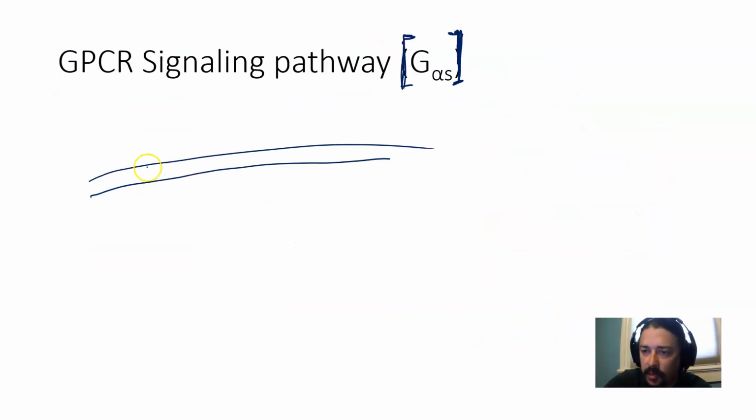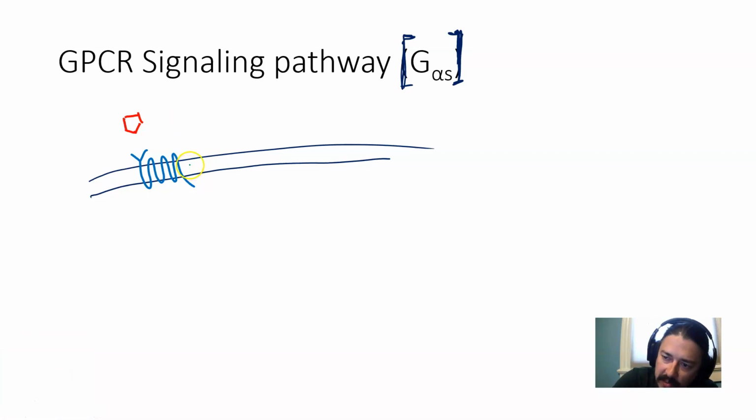So that's what we'll draw, right? We've got our 7 transmembrane domain. We've got a binding site for our ligand. Well, I guess we'll use a different color maybe for the ligand. And this thing is going to be coupled with a G protein, so maybe we'll use a different color.